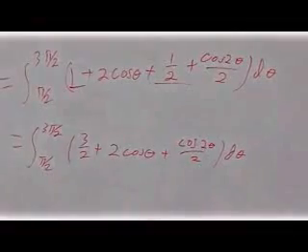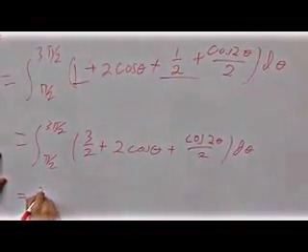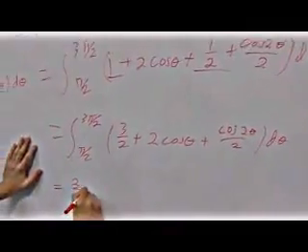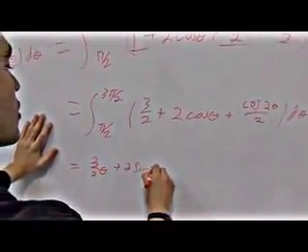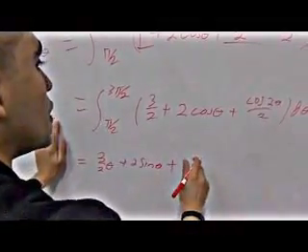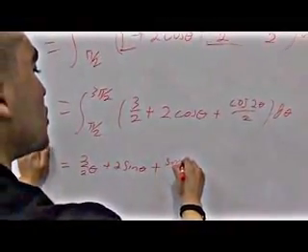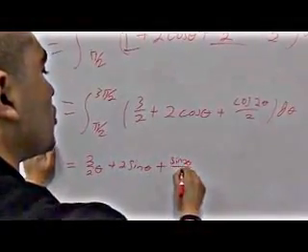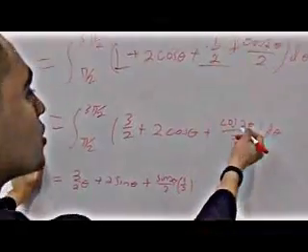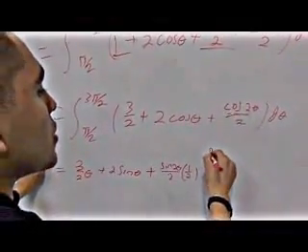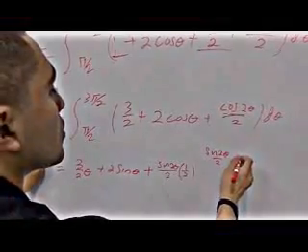And now we're going to integrate. So 3 over 2 theta plus 2 sine theta plus sine 2 theta over 2 times 1/2, because the integration of cos 2 theta is sine 2 theta over 2.